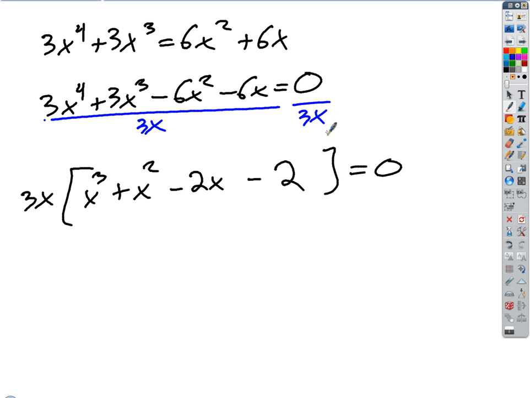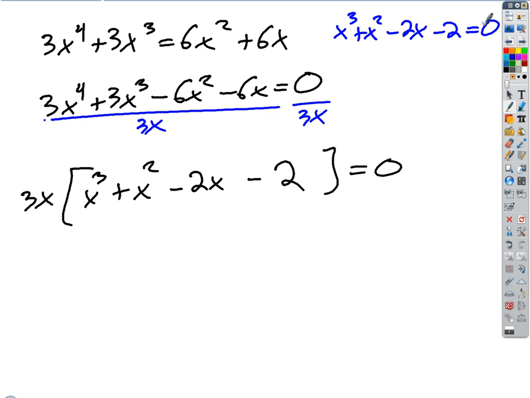If I did that, I would get back the equation x cubed plus x squared minus 2x minus 2 equals 0, right? Everybody agree? But what did I lose? I lost this 3x, and that's giving me a solution, x equals 0. I just lost a solution if I divide by a variable.